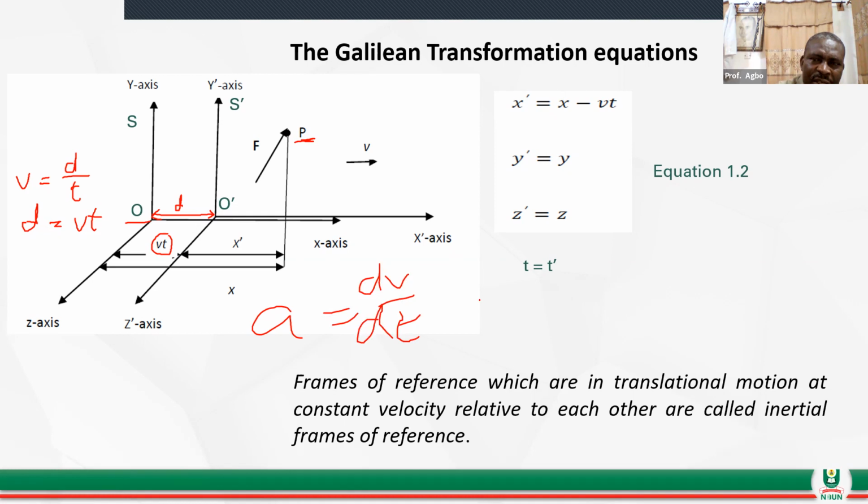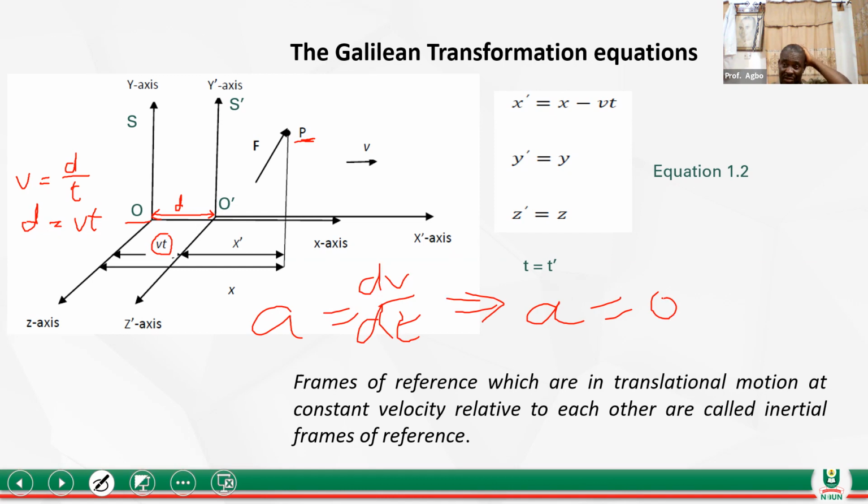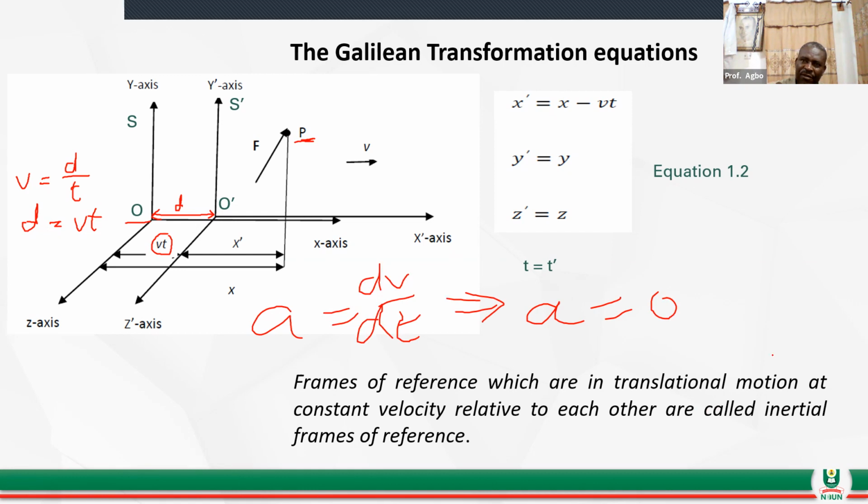That means acceleration is equal to zero. So any object, system or frame whose acceleration is equal to zero, or whose motion is at a constant velocity, is taken to be an inertial frame of reference. That is what you have observed here.